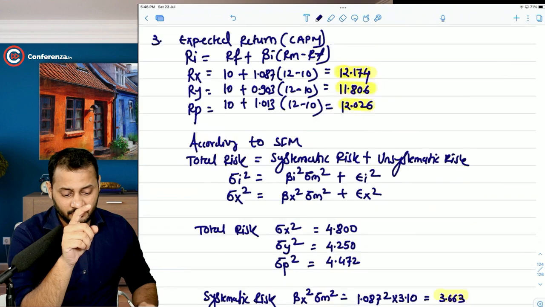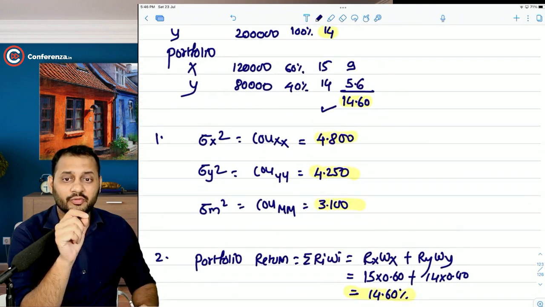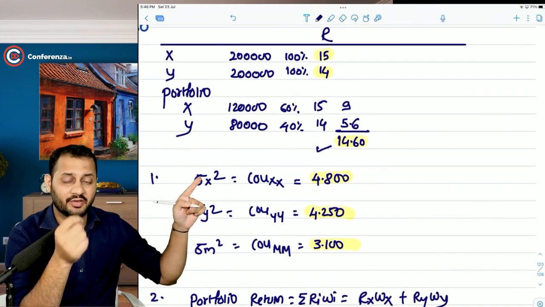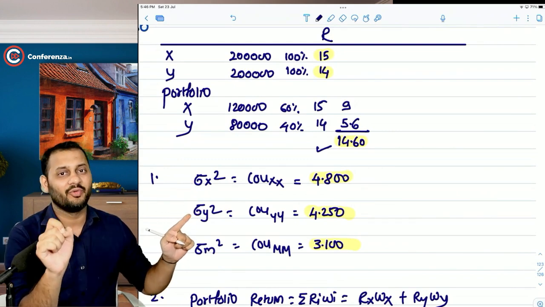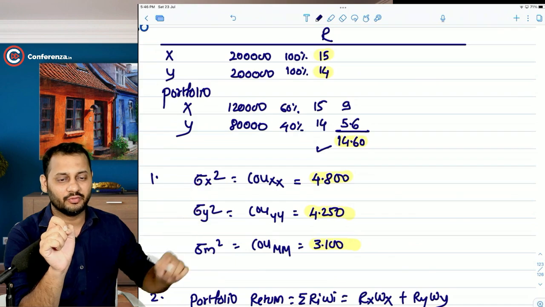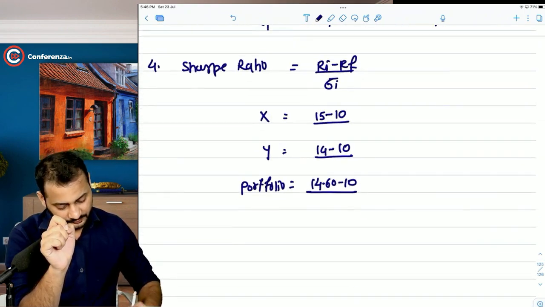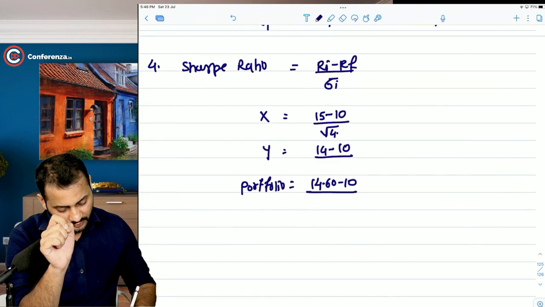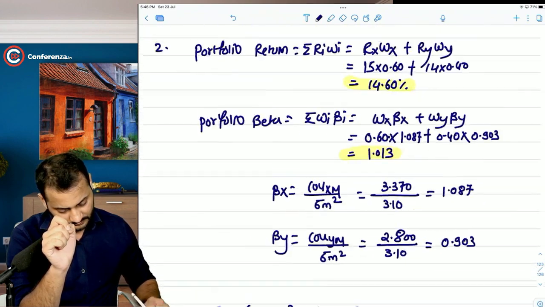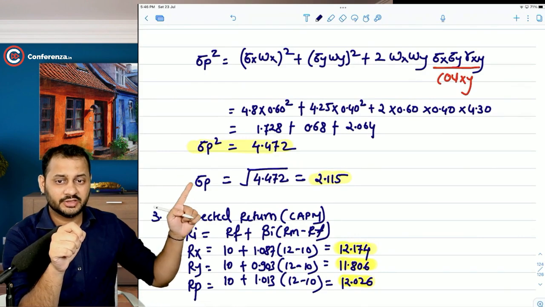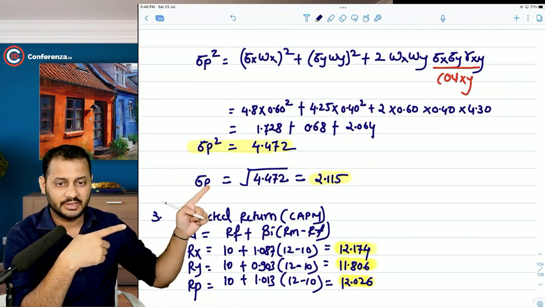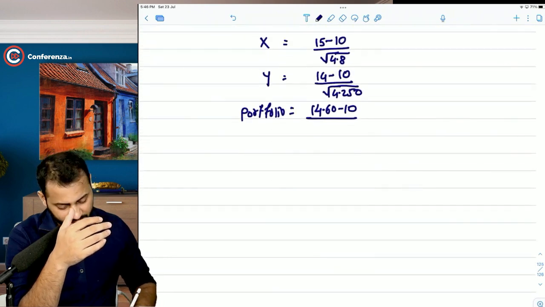Standard deviation. But what is given to us is the portfolio standard deviation square. So we have to put a square root around this. Square root of 4.8, square root of 4.25. And the portfolio standard deviation was already calculated. We can just directly put this 2.115.